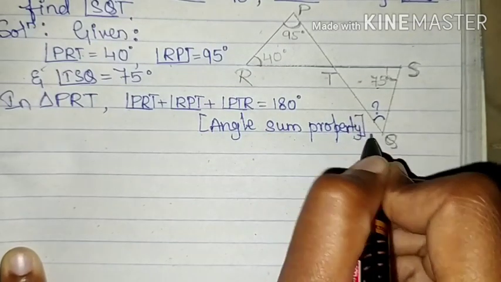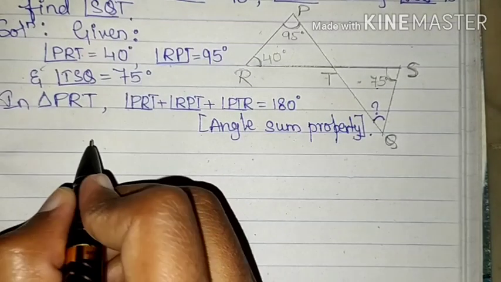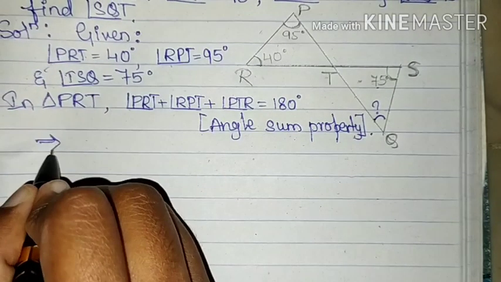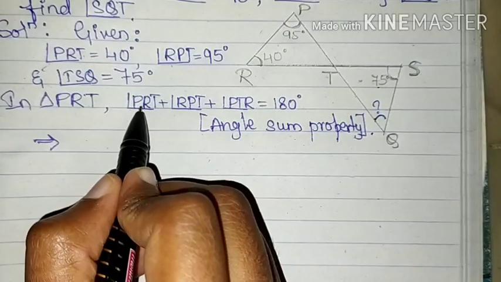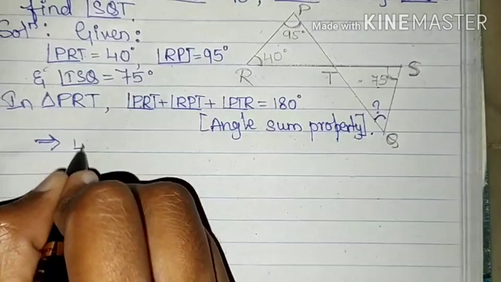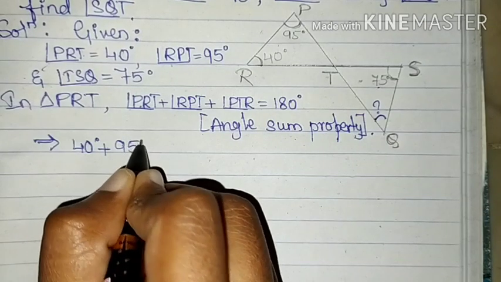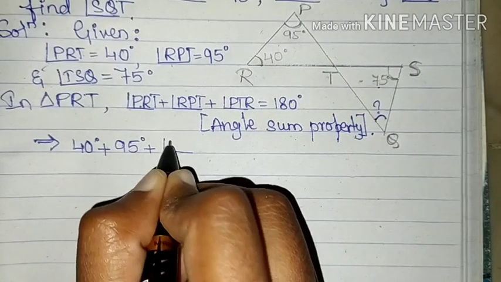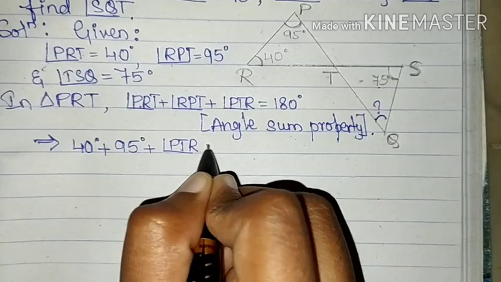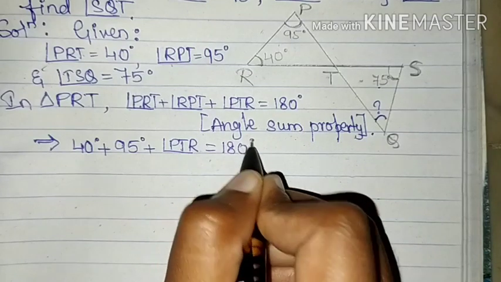Let's say the sum of all the interior angles is equal to 180 degrees. This implies we know the value of angle PRT, it is given to us, which is equal to 40 degrees, plus similarly angle RPT is 95 degrees, plus angle PTR is equal to 180 degrees.